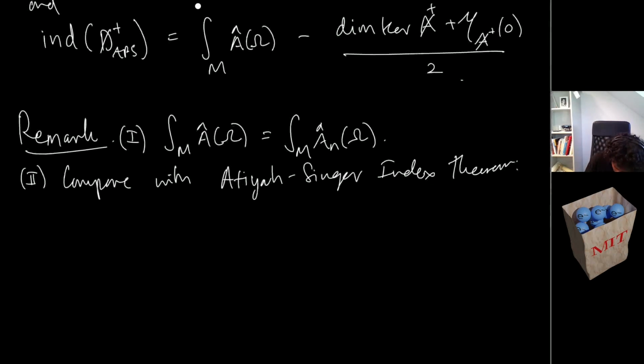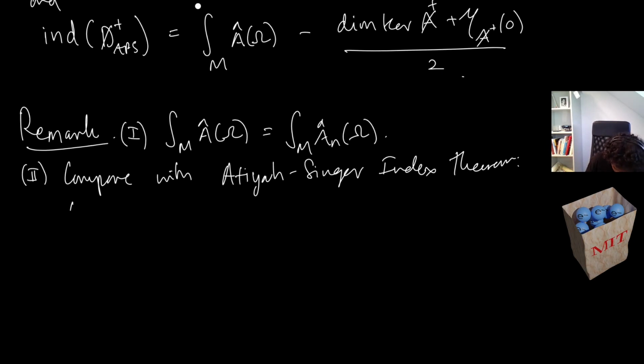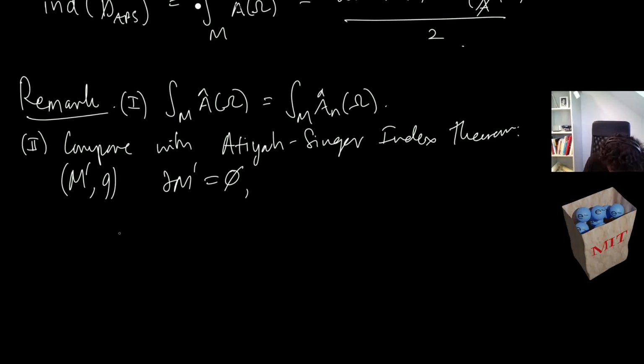So there we have M prime with g, closed, boundaryless, with boundary of M prime equal to 0. And then the index theorem reads that the index of, so there's only one operator now, right? Because it's a closed manifold, so there's a unique extension.